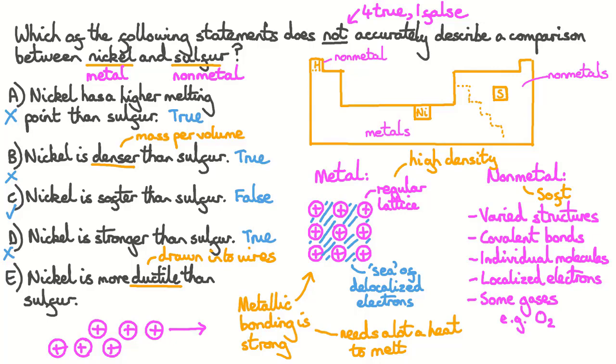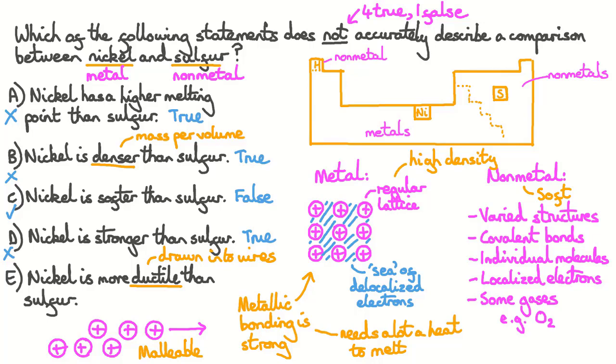When you apply a force to a metal, the layers of atoms can slide over one another, and this allows them to be drawn out into wires. This is the same reason that metals are malleable as well, where malleable means that a substance can be hammered into shape.